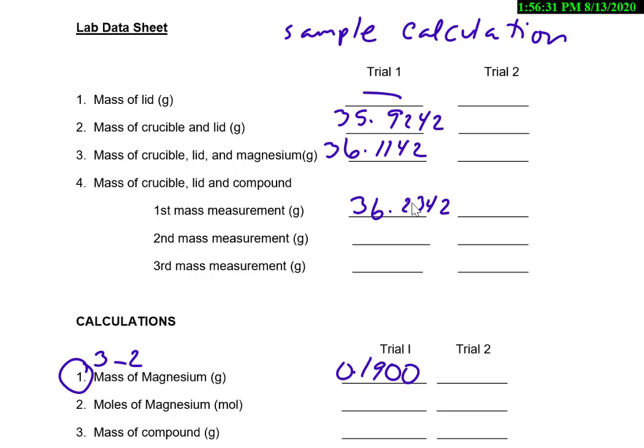We see that it did go up. We would then heat it again to see if the mass continued to go up. So here in this example, I'm going to say the mass stayed the same. That tells us that the reaction is complete. All the magnesium has been used up, and there's no more compound that's forming.